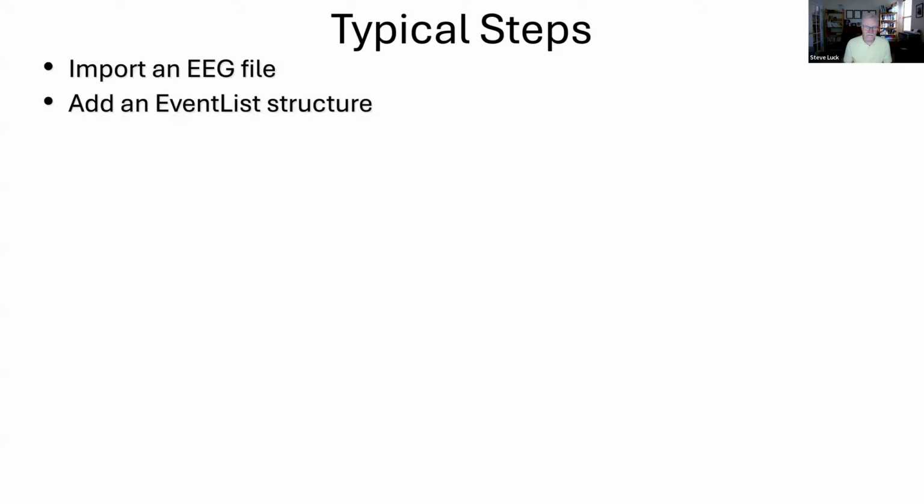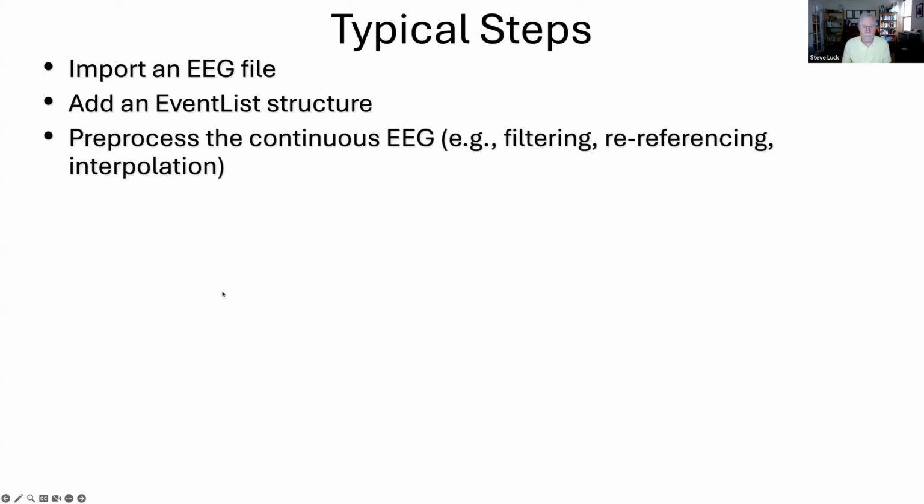That's just an extra version of the event codes that makes it easier to do things that we require you to use in ERPLAB. So EEGLab has its list of events called EEG.event, and we make a parallel version that has additional information and is much easier to modify, see, etc.